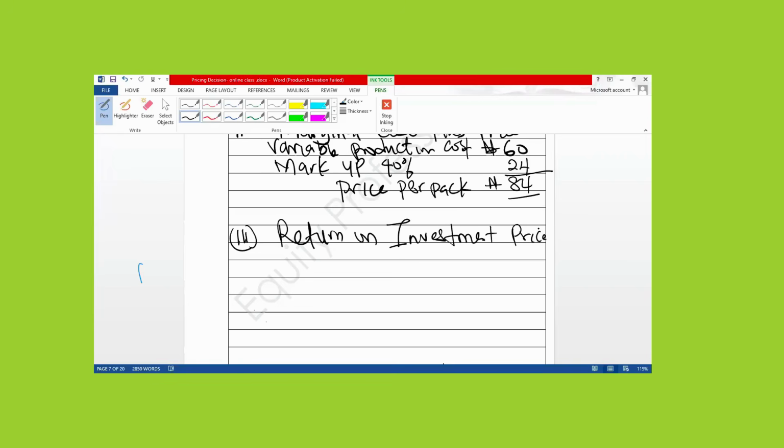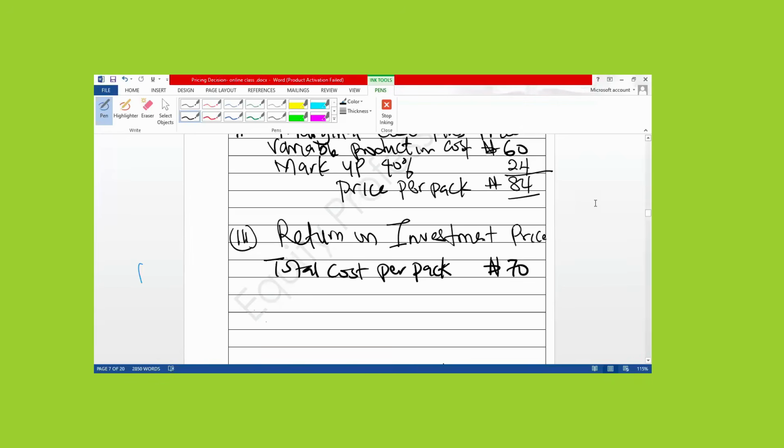The principle says get the total cost of the product. Total cost per unit, we have calculated before. Total cost per unit or per pack is 70 naira. In addition to this total cost, you are going to add target return on investment to it.